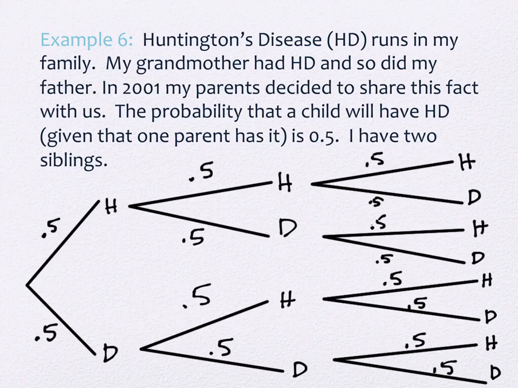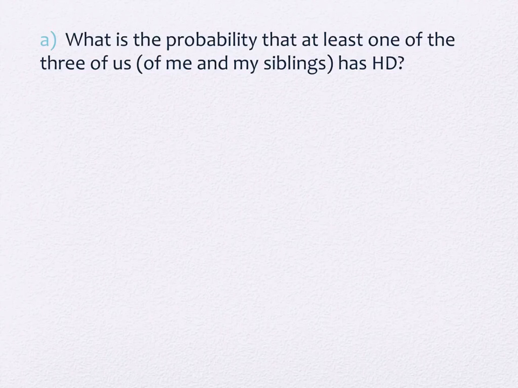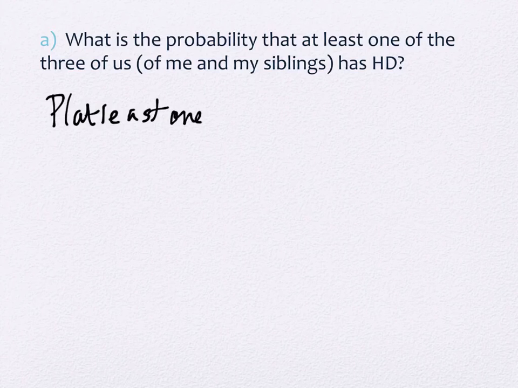But this was the number that kept running through my mind right here. What is the likelihood that we don't all have it? And that's the first question. It says, what is the probability that at least, well, it's the reverse of that. What is the probability that at least one of us does? Well, the probability of at least one of us having it is a complement.